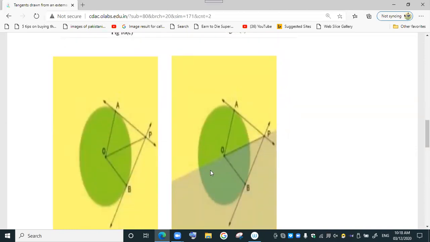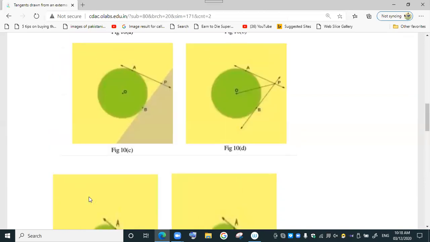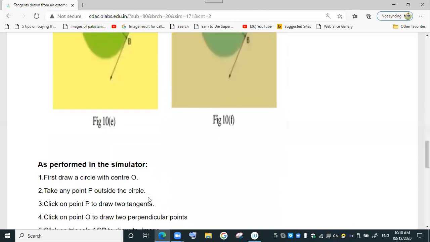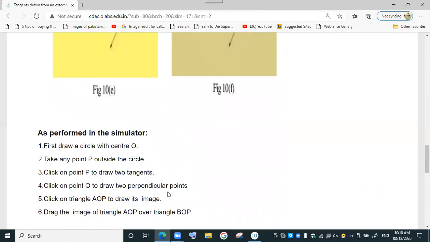Then make this crease so that you can see that PB will coincide with PA. That shows that PA is equal to PB, and we have to prove that the lengths of the tangents are equal.